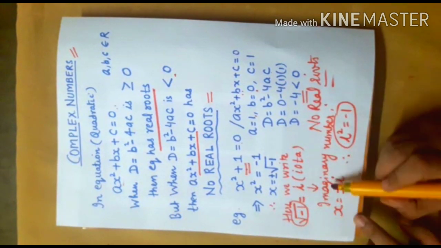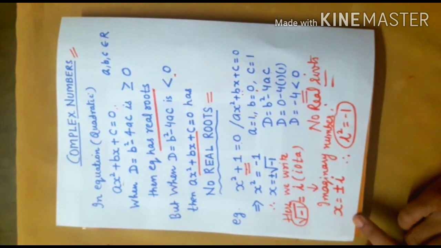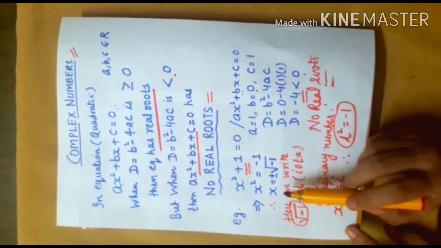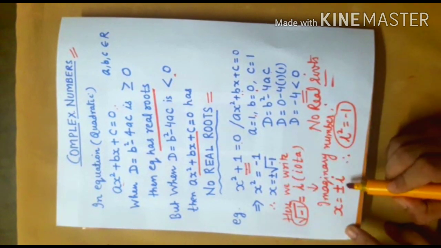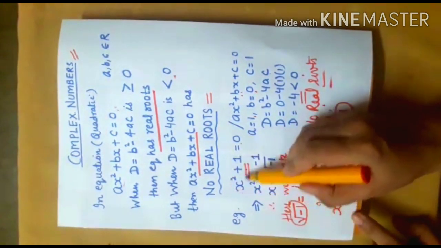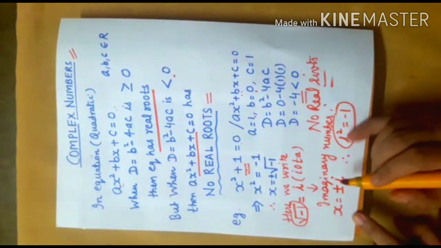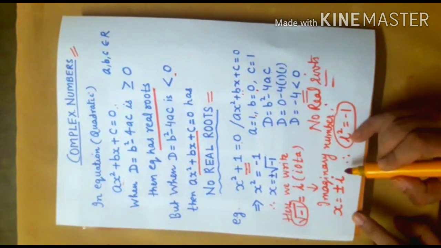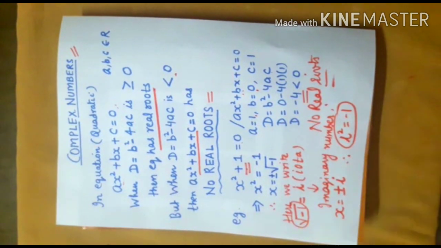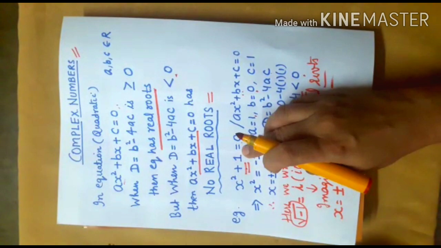And this iota is called as the imaginary number. It is not a real number, it is an imaginary number. So x will be equal to plus minus iota. That means this quadratic equation has two roots given by iota and minus iota, and these are imaginary numbers. So this equation has imaginary roots.